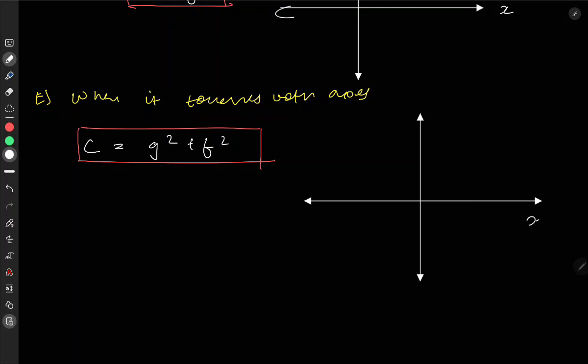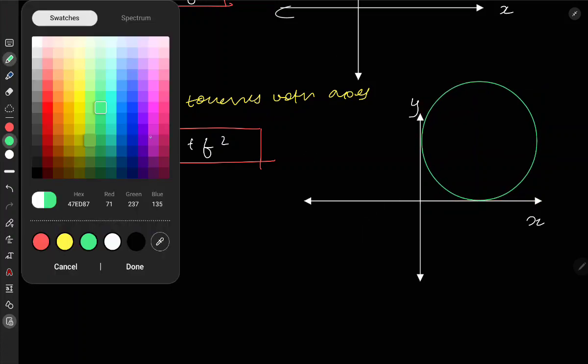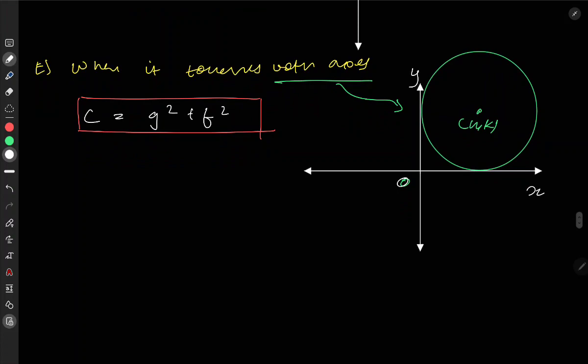It's not that difficult. And this circle is touching both the axes just like this. I'm indicating it with this arrow. Let this center be h comma k. Let this be the origin.